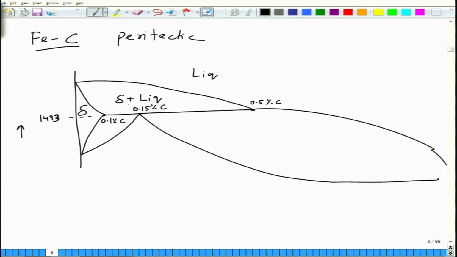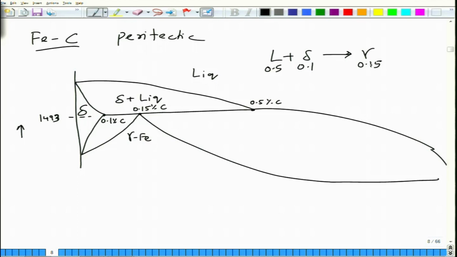This delta phase of composition 0.1% and liquid phase of composition 0.5% transform into gamma phase, which is FCC phase of composition 0.15%, through a peritectic reaction. So liquid plus delta transforms into gamma: liquid of composition 0.5, delta of composition 0.1, and gamma of composition 0.15.